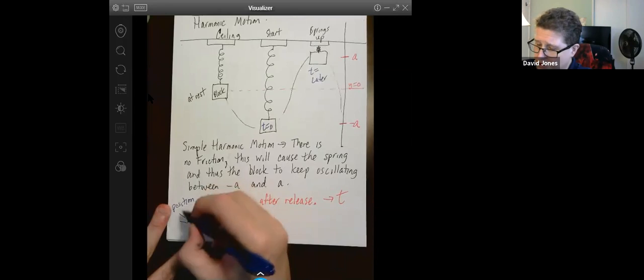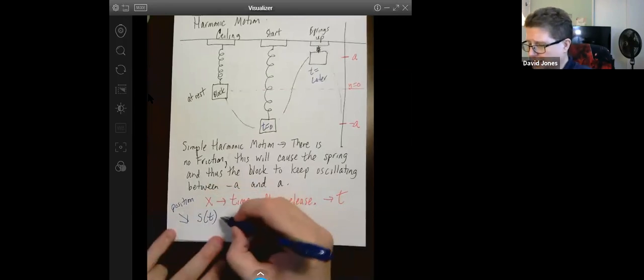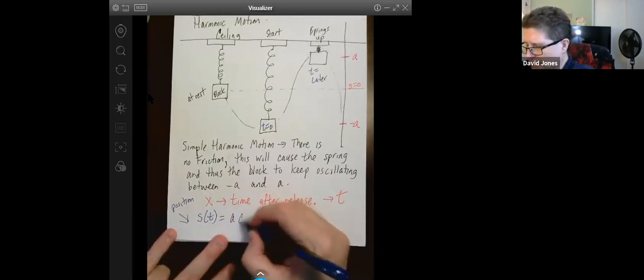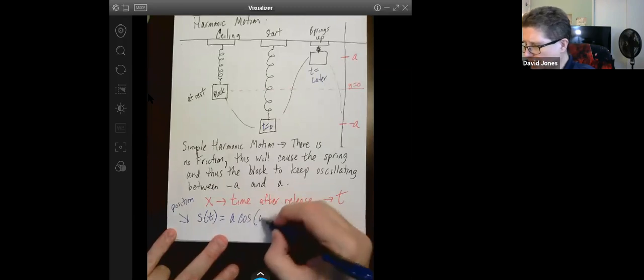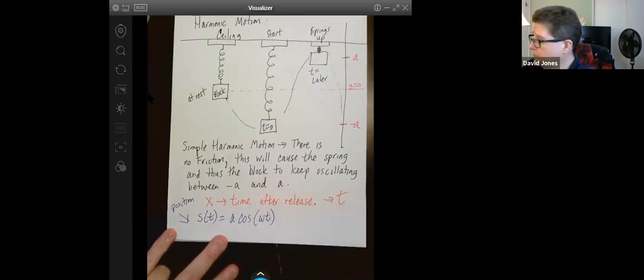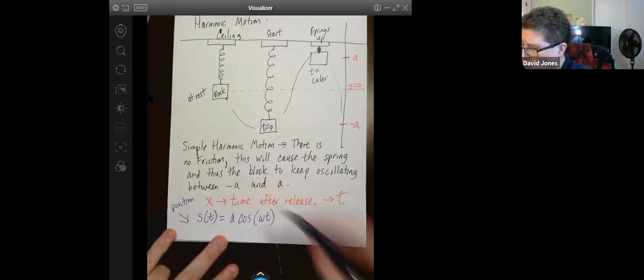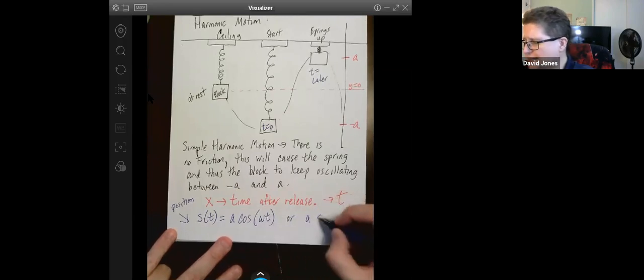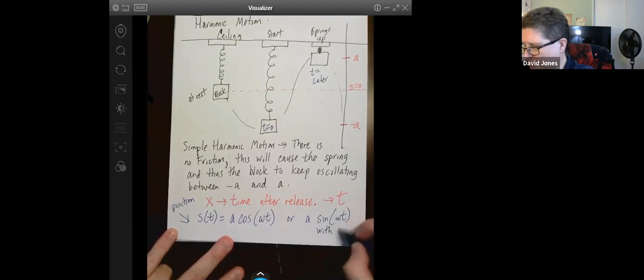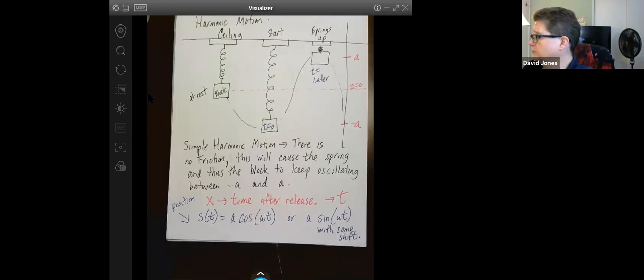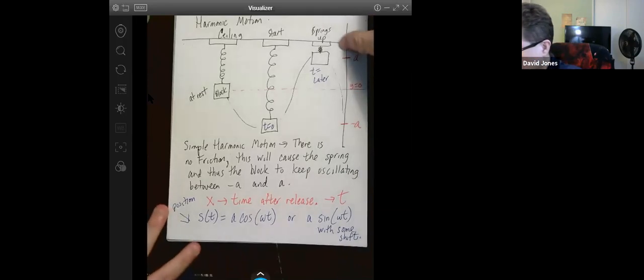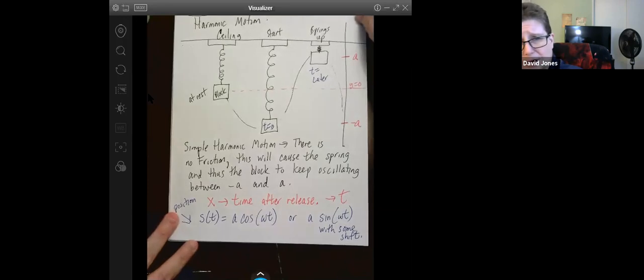The vertical position is going to equal A times cosine omega T. Or we could do A sine of omega T, with some shift. Okay? So pause that, draw that down.